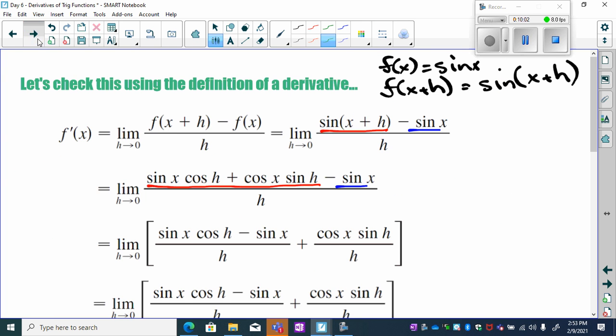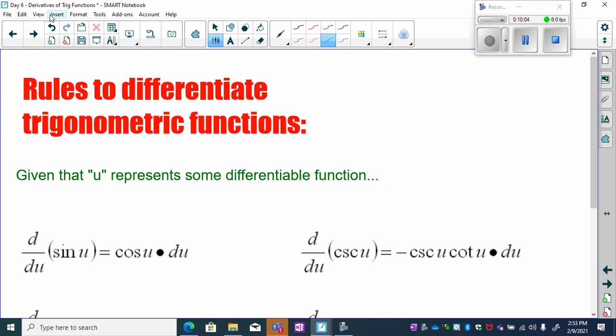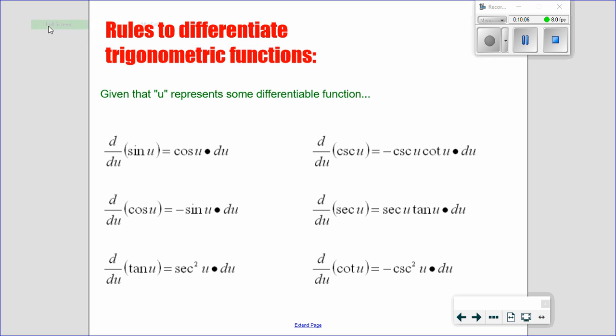Now, all that being said, here are the rules for differentiating your trig functions. The derivative of sine u is equal to cosine u times du. The derivative of cosine u is equal to negative sine u times du.